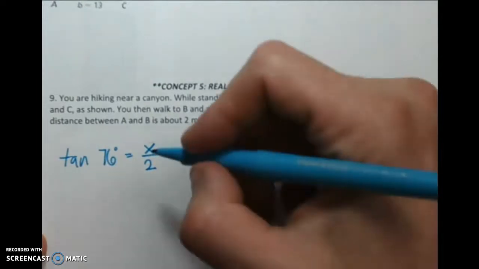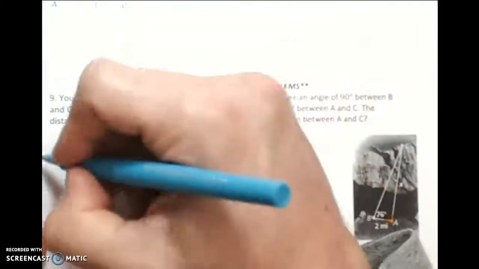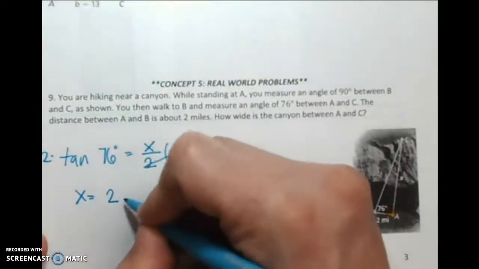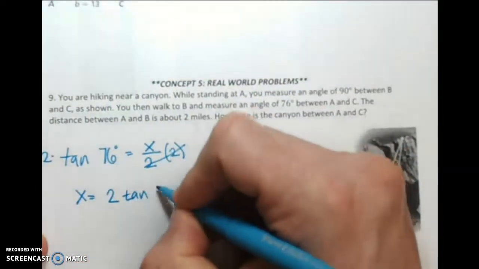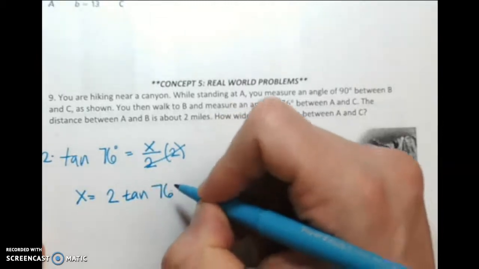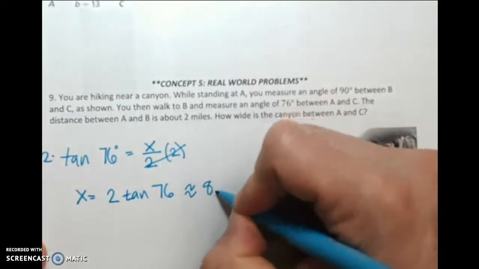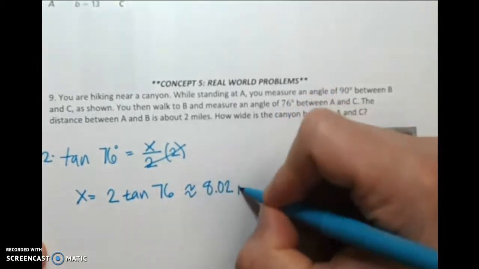What I want to do is multiply 2 to both sides. That cancels out that, giving me X equals 2 times tangent of 76 degrees. And then if I plug that in my calculator, you're going to get an approximate answer, which is 8.02, and that is miles.